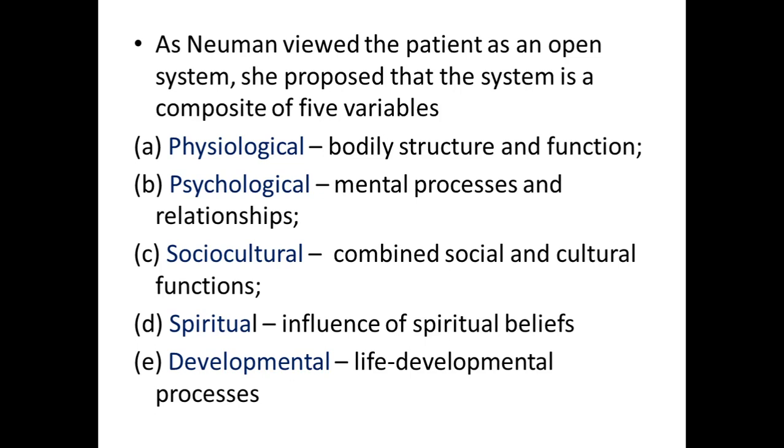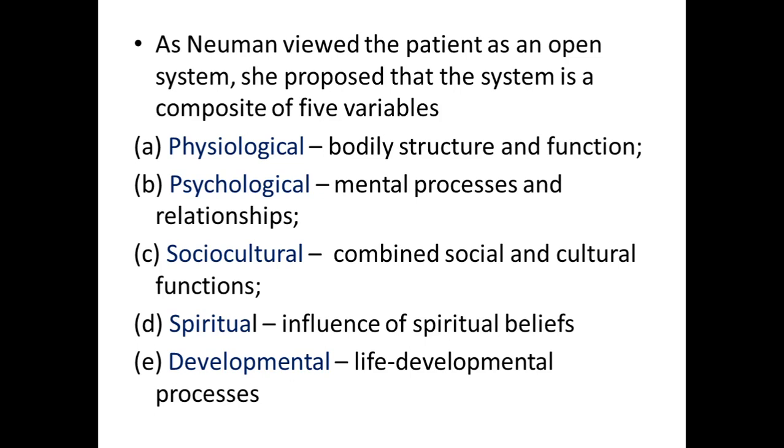Psychological variables focus on mental processes and relationships. Socio-cultural variables are composed of social and cultural functions, and spiritual variables are basically about spiritual beliefs, and the final variable, the developmental variable, consists of life developmental processes.